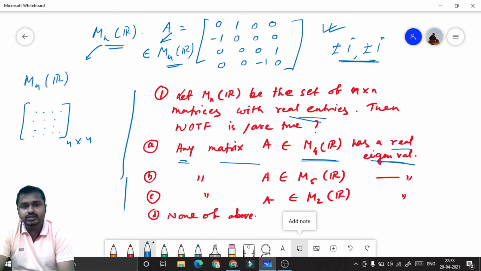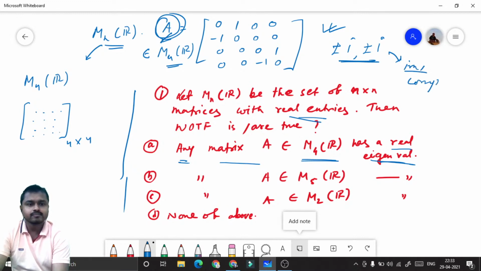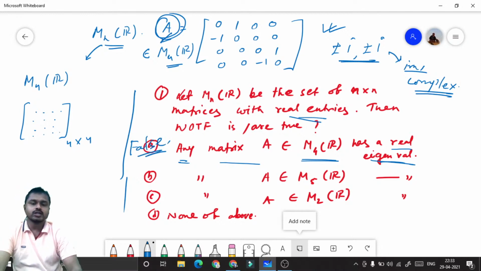From this counter example you can conclude that this matrix A has only complex eigenvalues. There is no real eigenvalue. That means your first option will be discarded and it is false. Okay, this is your first option's treatment.